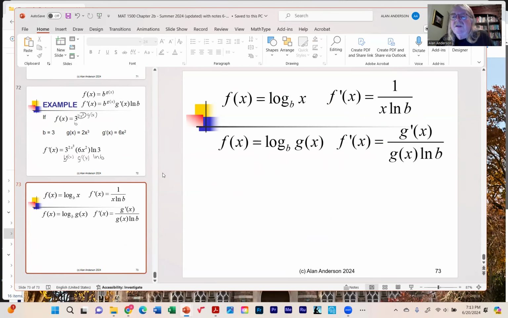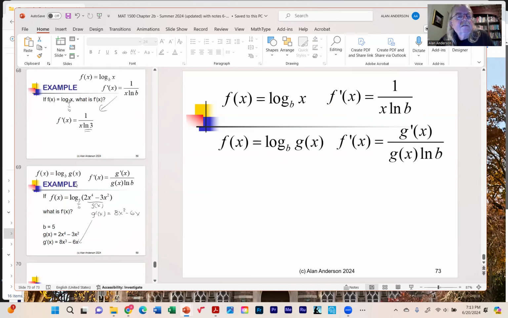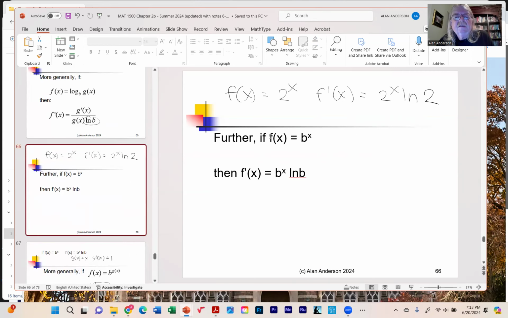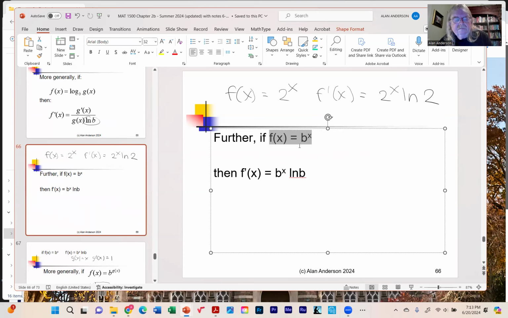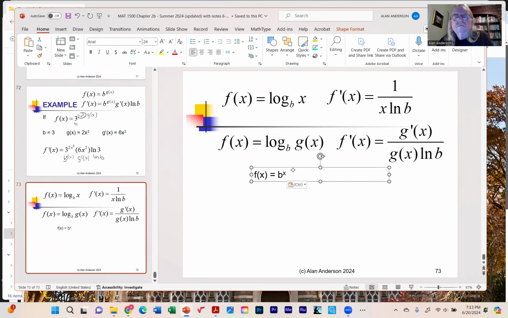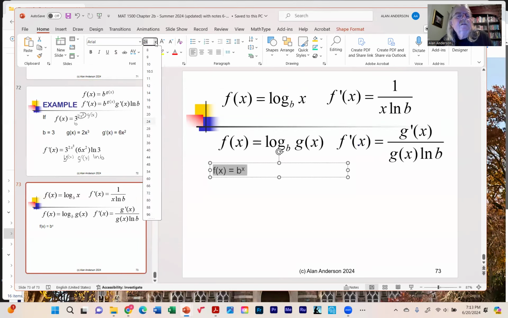All right. And then for the exponentials, we have, here we go. Let me just make this a little bigger.